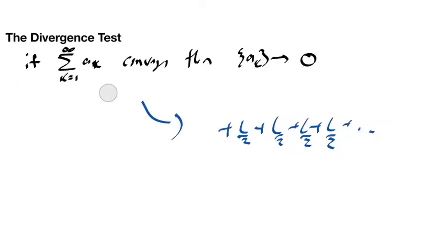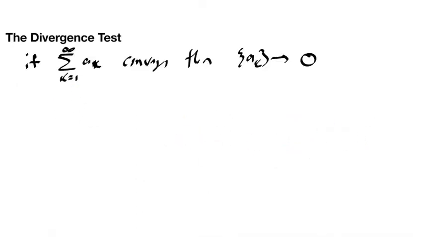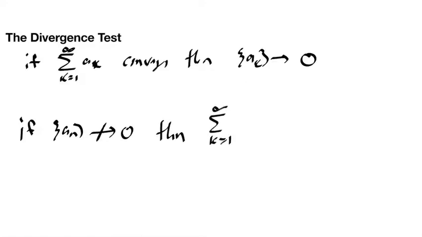Okay, but the way this is often used is backwards. You often use the converse theorem, which says that if that sequence does not converge to 0, then the sum diverges. Then it doesn't converge to any finite number.